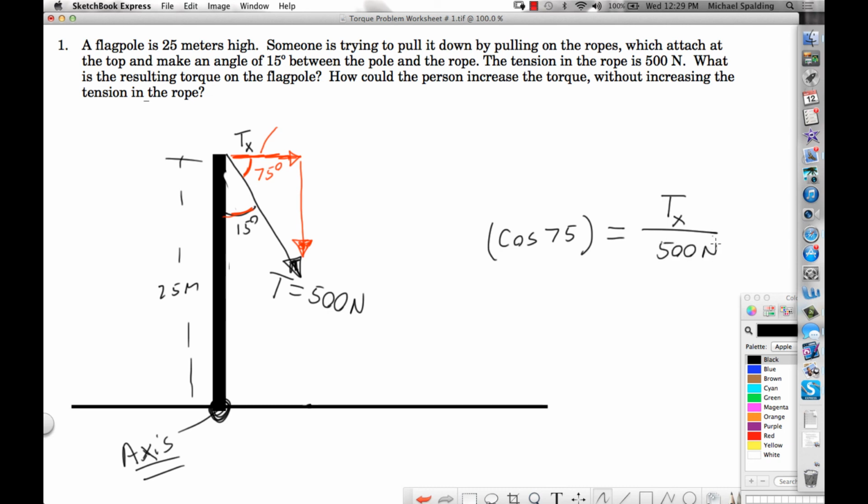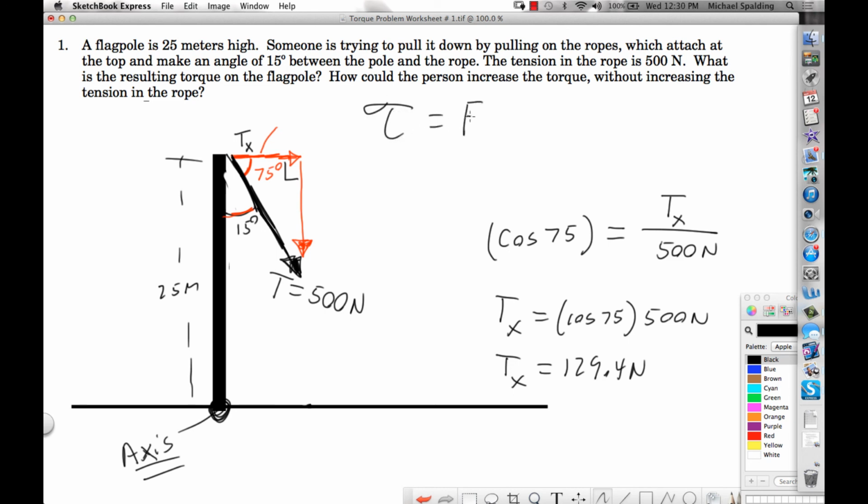And the hypotenuse is 500, right? The hypotenuse is this guy, the 500 Newton. And then there's your right angle. Okay, so Tx will be cosine 75 times 500. So that comes out as 129.4.